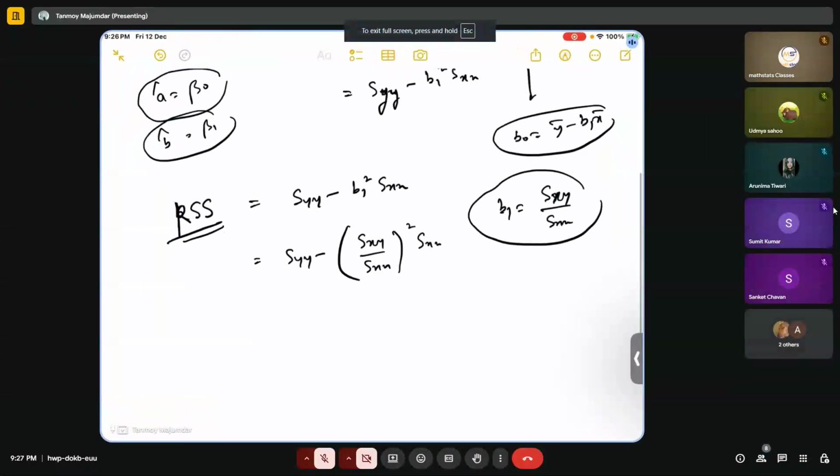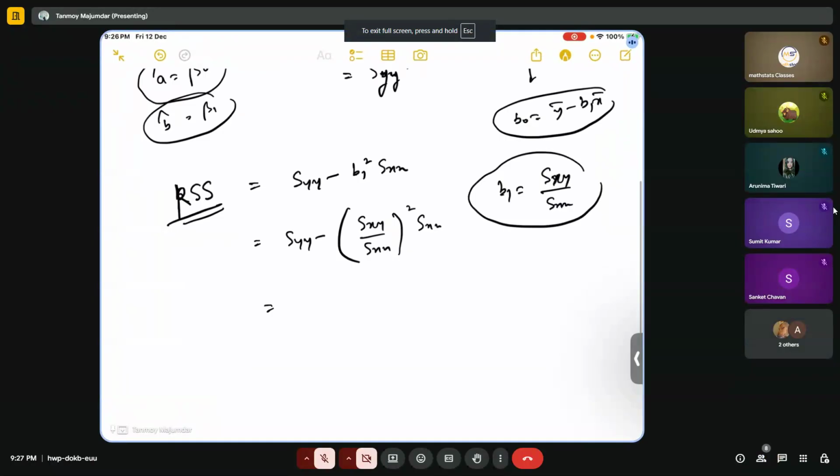So ultimately that becomes syy minus sxy whole square by sxx, एक sxx रहेगा और एक निकल जाएगा.